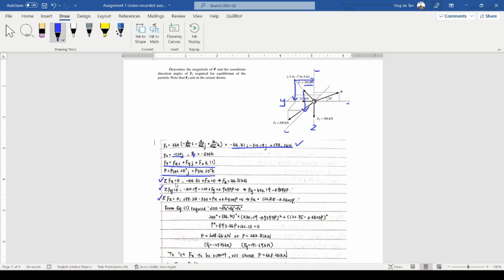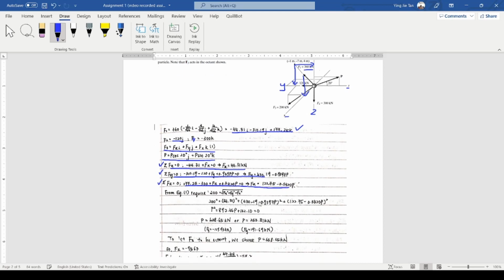So your x, you will get this one, y, you will get this one, and your z, you will get this one. After that, we will use back the equation, which is this one.